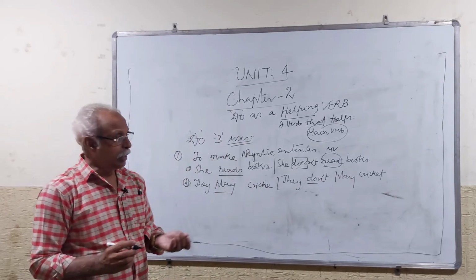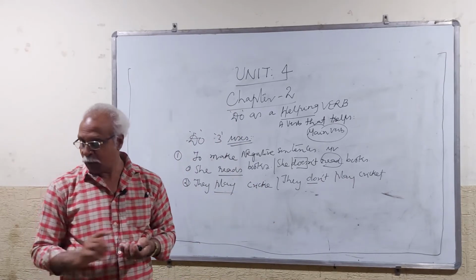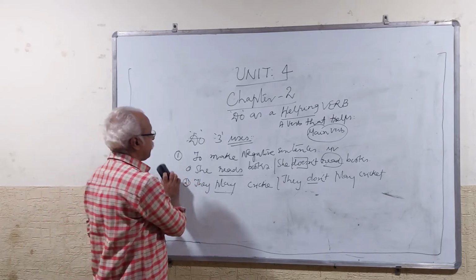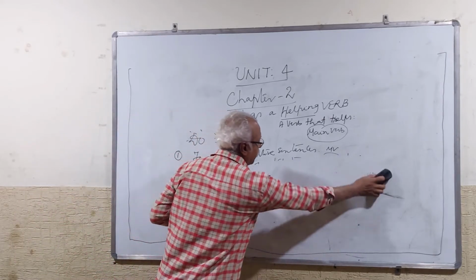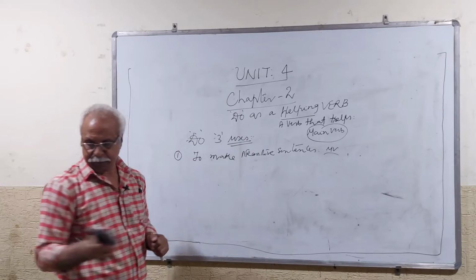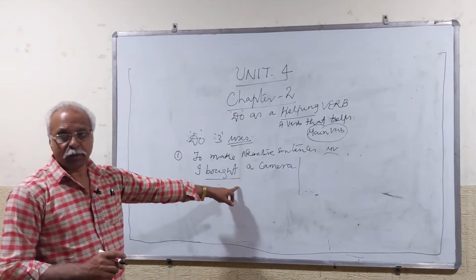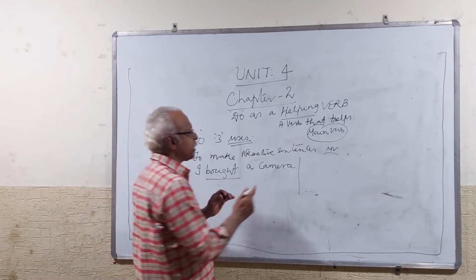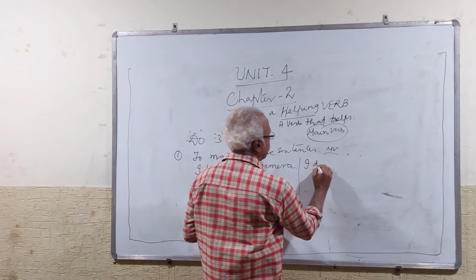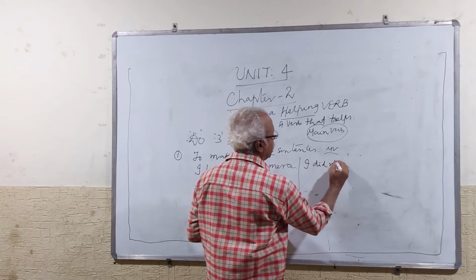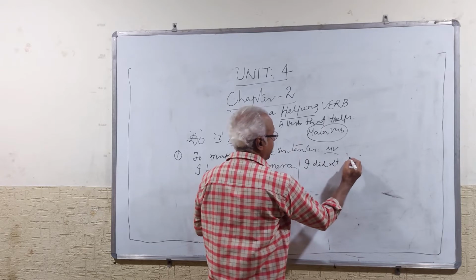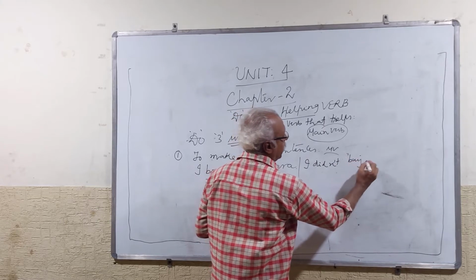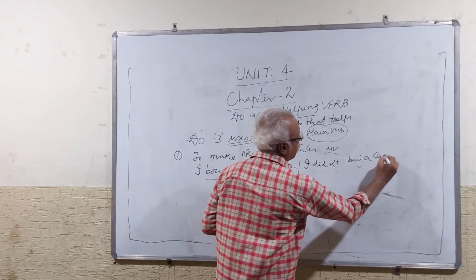Am I clear? In the past tense, for example, if you want to go with the past tense, it would be did. I bought a camera. Its negative is I did not or I didn't, you can say, buy, B-U-Y, buy a camera.